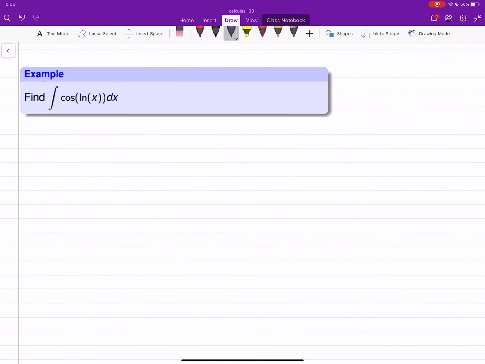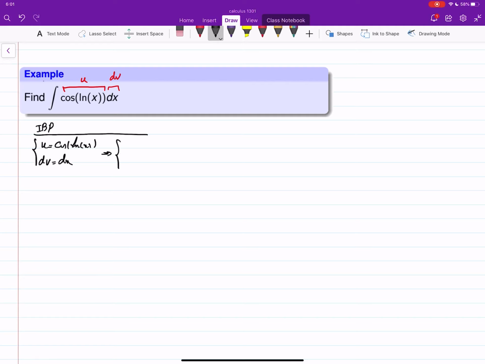So here I have integral cosine of ln x dx. Here I'll take this whole thing to be my u, since there's only one thing there, and the rest, which is dx, as my dv. So u is cosine of ln x, and dv is just dx.